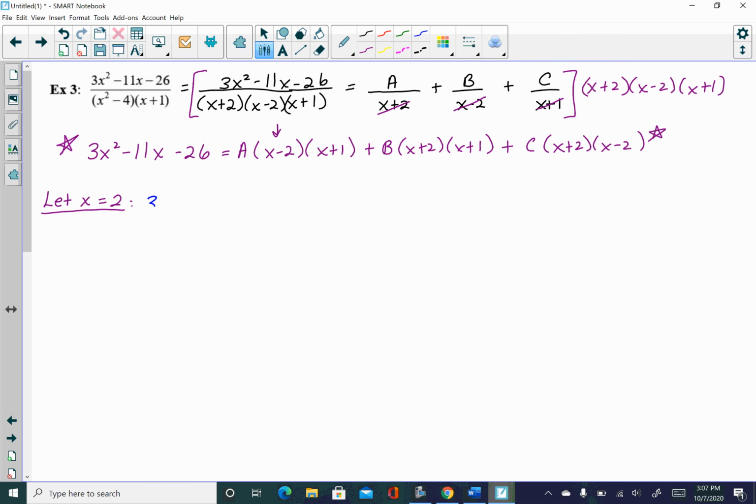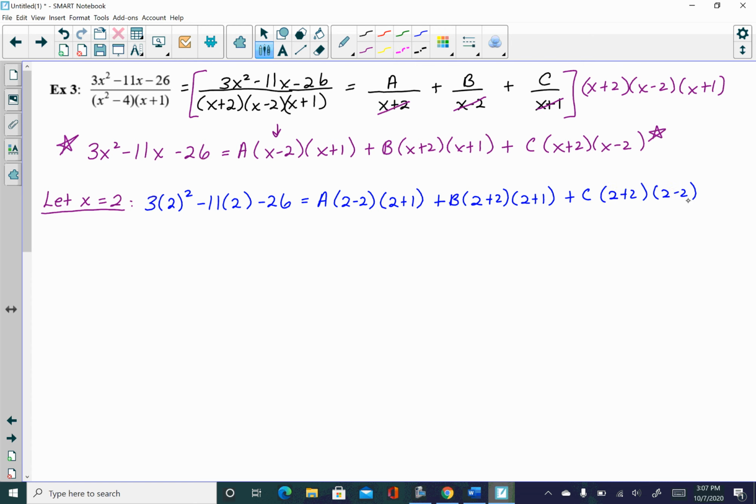So I have 3 parentheses 2 squared minus 11 times 2 minus 26 equals A, second parenthesis, 2 minus 2, 2 plus 1, plus B. Everywhere I see an x, I'm plugging in 2. So 2 plus 2, 2 plus 1, plus C, parentheses, 2 plus 2, 2 minus 2.